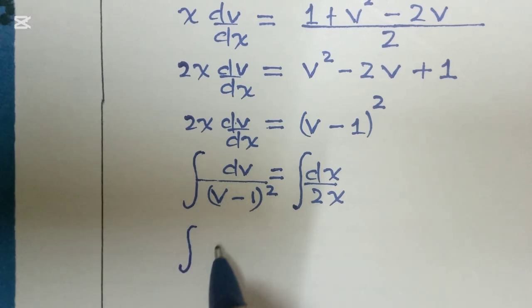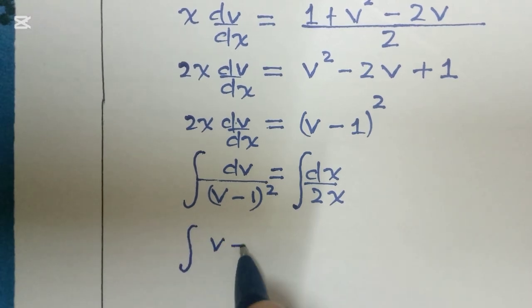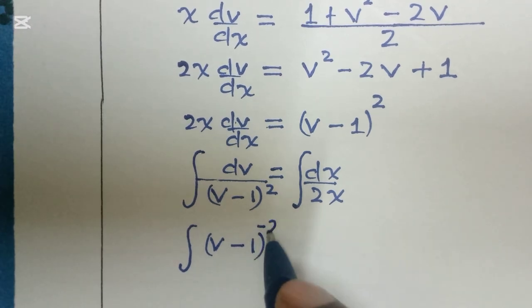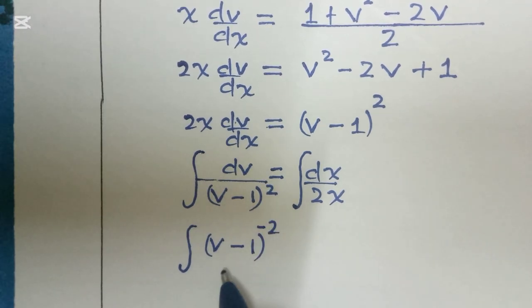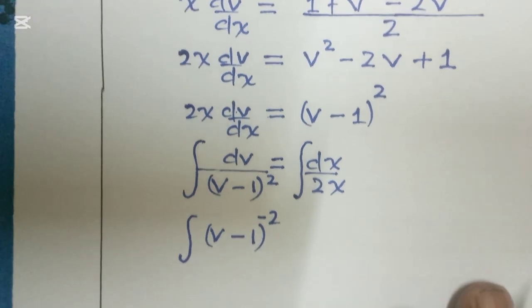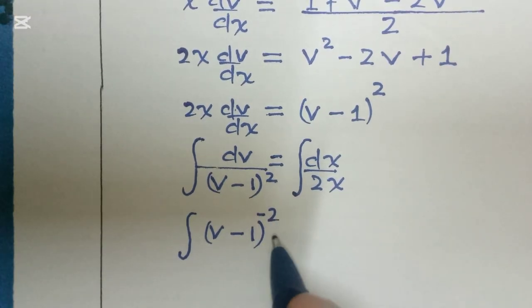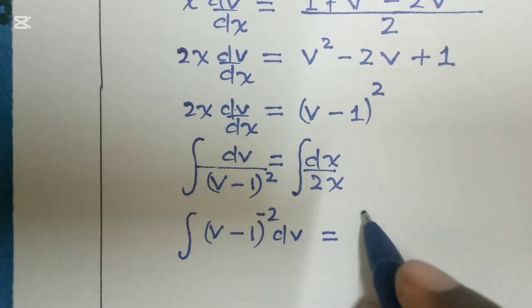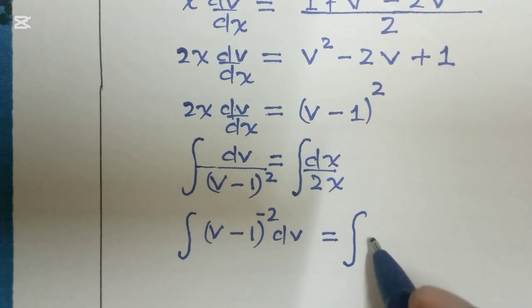Integral of v minus 1 raised to negative 2. I have brought it up instead of it being down, and by the law of indices, that's how it's supposed to be. And then dv. This one now equals the integral of dx all over 2x.